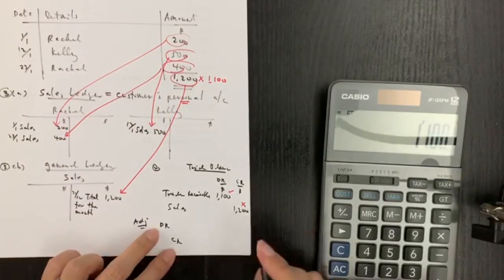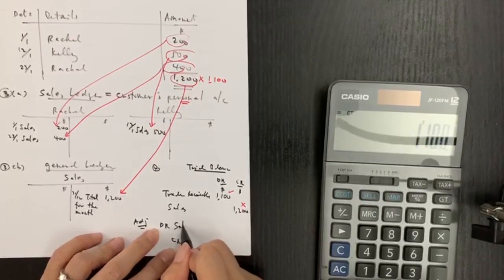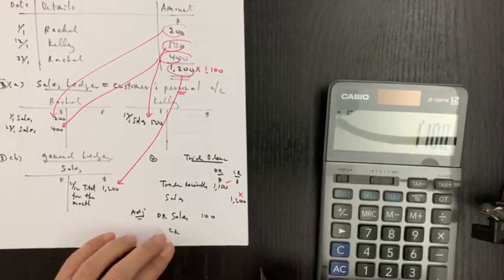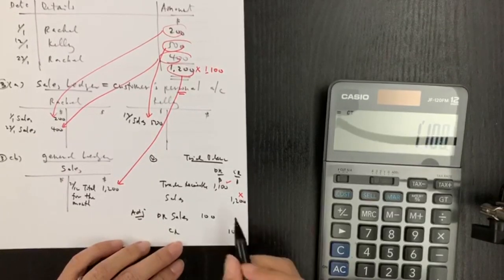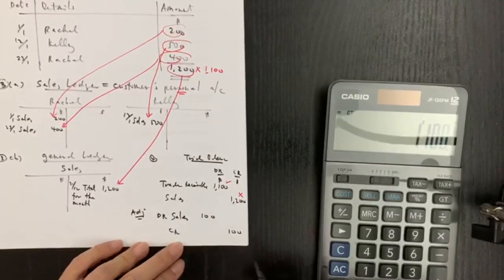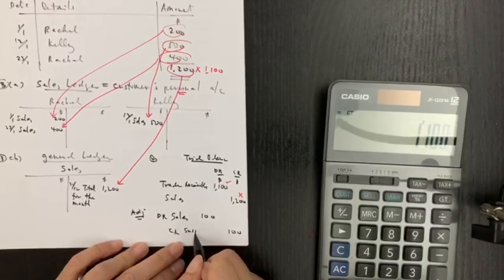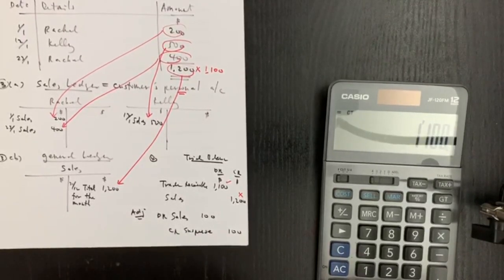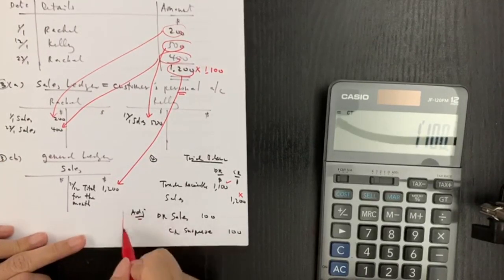So how to decrease sales? Go to the opposite side. Okay, decrease sales by 100, and that's all. No mistake in trade receivable accounts, so the answer will be suspense. Okay, so this is it for the answer for the adjustments.